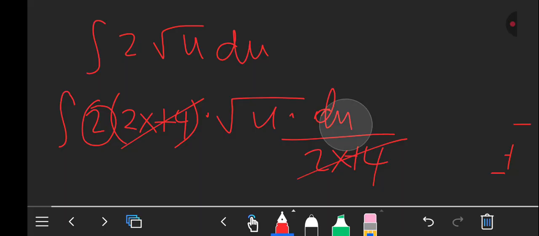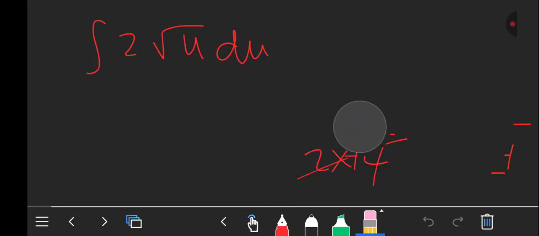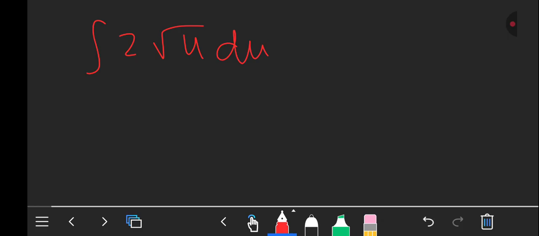So this is what we are just integrating, right? We can remove 2 outside, then square root of u is the same as u to the power half, du. Then we can integrate this.